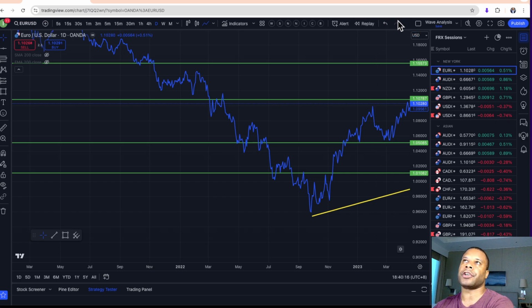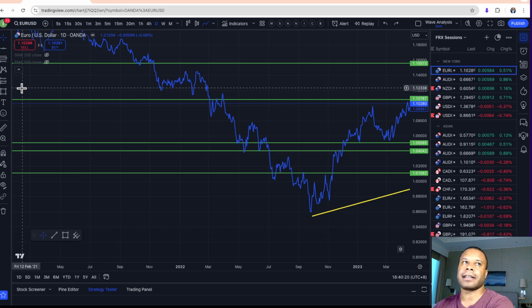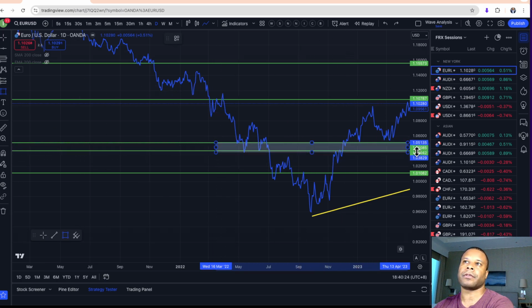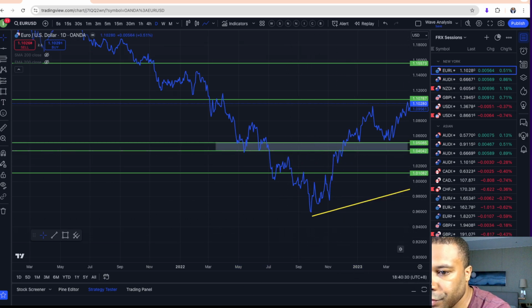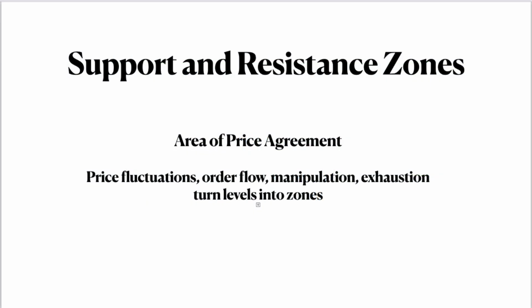And this is what I want to show you: when these kind of things happen, we start to create these areas that I call support zones. Support and resistance zones, I should say. And what are these? These are areas of price agreement, right?